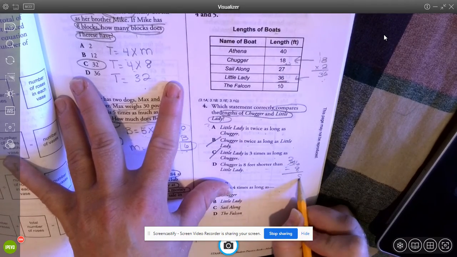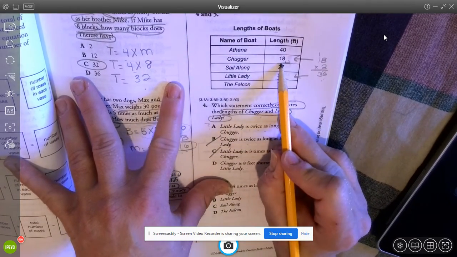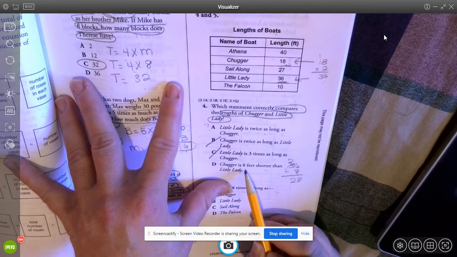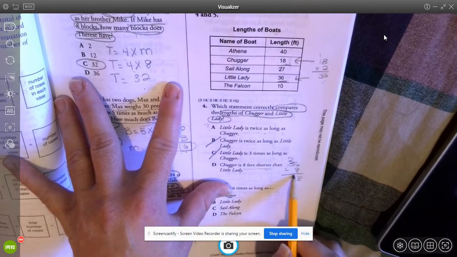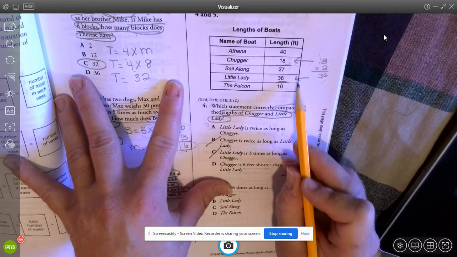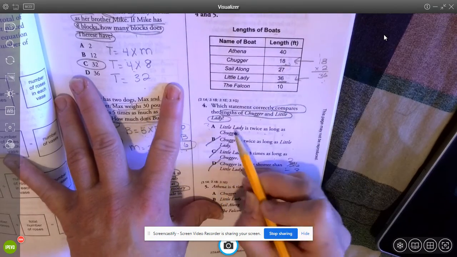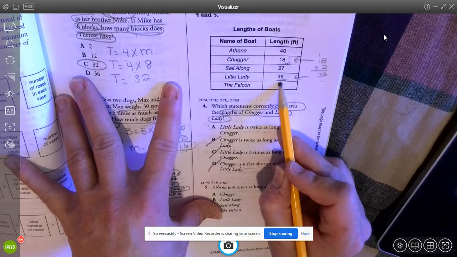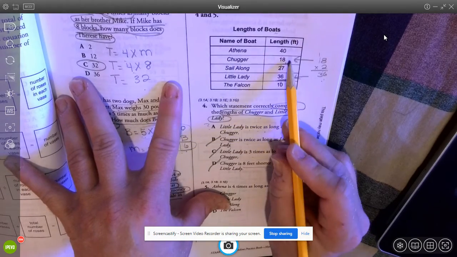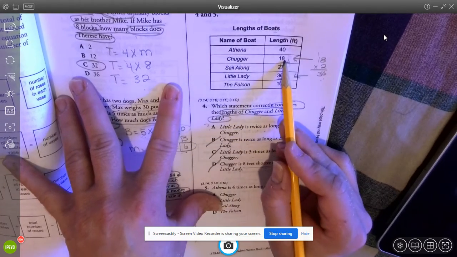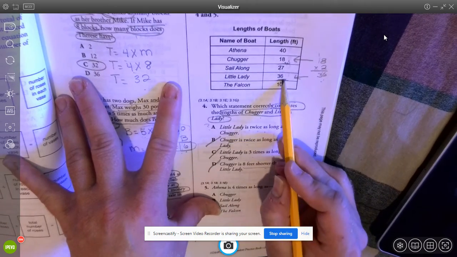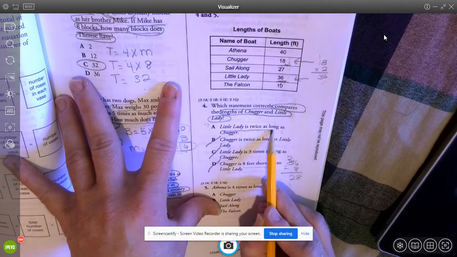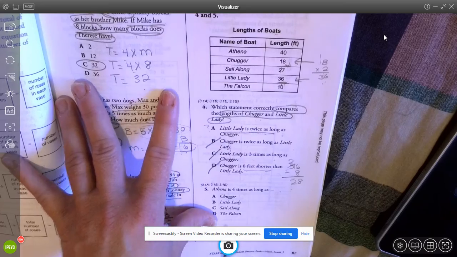Borrow. That's 28, not 18. So 8 feet shorter means you subtract, and 28 did not equal 18. So Little Lady is twice as long as Chugger. So all I did was do 18 times 2, and it equals Little Lady. And Little Lady is twice as long, so that means it's bigger. It is A.